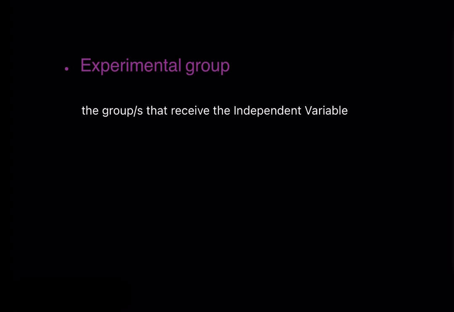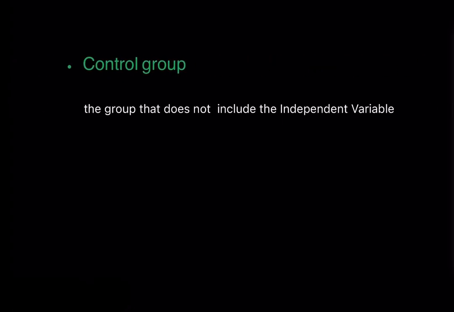Experimental group is a group that receives the independent variable, while the control group is a group that does not include the independent variable. Now, let's look at an example. And just before we get into the example, control group, remember, is the group that provides a baseline and lets the experimenter see if the independent variable has had an effect.